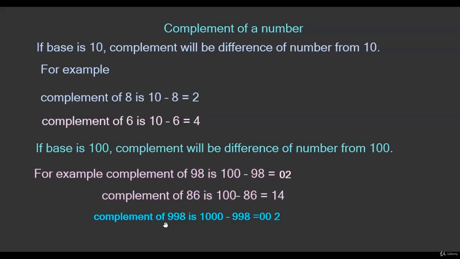Similarly, complement of 998: because 998 is a 3-digit number, its base is 1000. So the difference of 1000 and 998 gives us the complement of 998, that is 002, because we need a 3-digit number, so we write 2 zeros before the number 2.